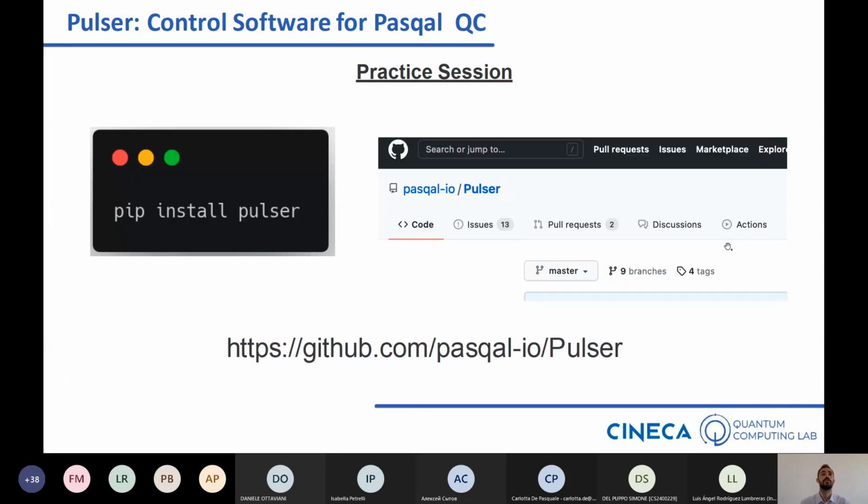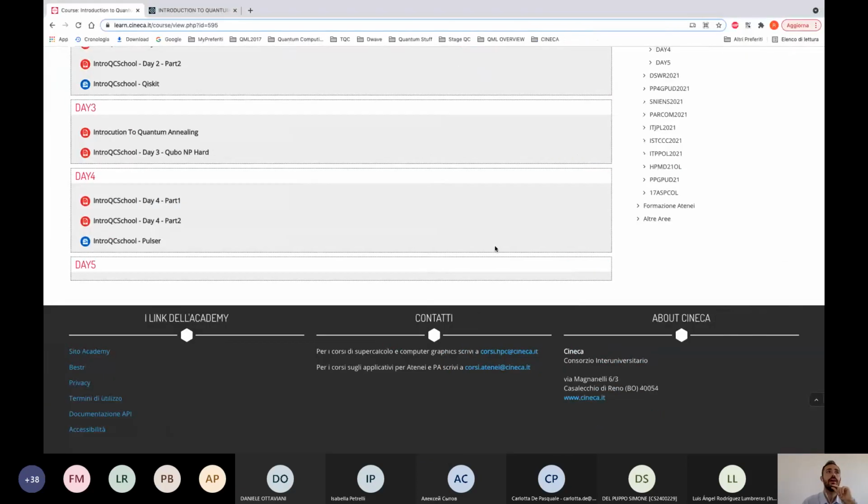If you didn't do that, you can go to this GitHub, where they have the code for Pulsar, and you can install it via pip install Pulsar on your local machine, or use Forward 2. Now I'm going to show you on my device. You can also download the examples that we're going to see from here. Okay, let's go.